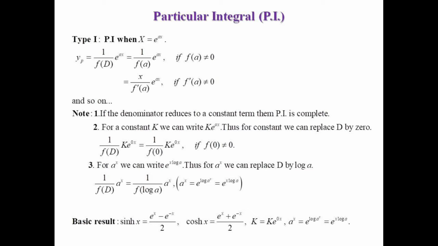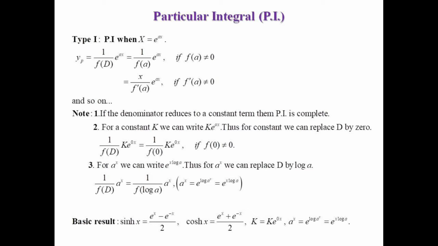Then replace the operator D by 0 and we get the constant value. Here, 1 upon f of D into k e raised to 0x is equal to 1 upon f of 0 into k e raised to 0x. Again, this happens only when the denominator is not equal to 0.